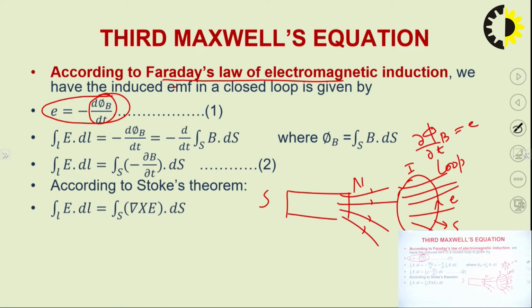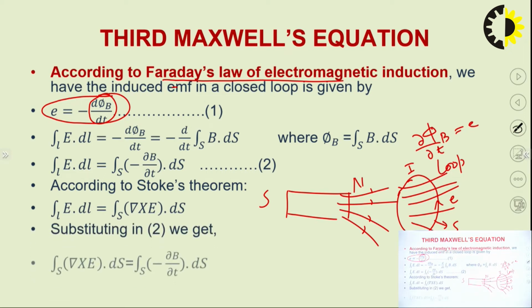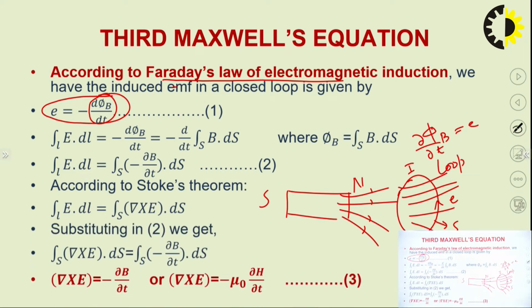Here phi b is the magnetic flux crossing this surface S. By applying Stokes theorem, we can get the differential form of the third Maxwell equation, which is del cross E, that is curl of E, equal to minus del B by del t.